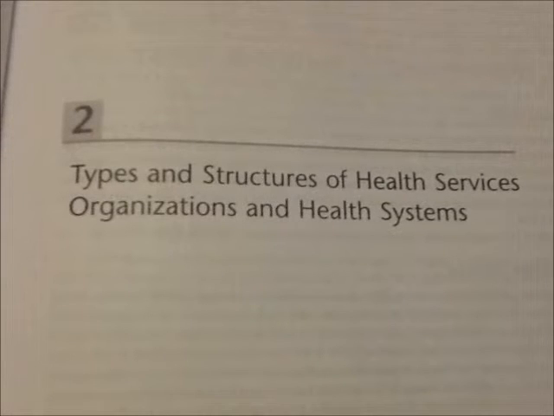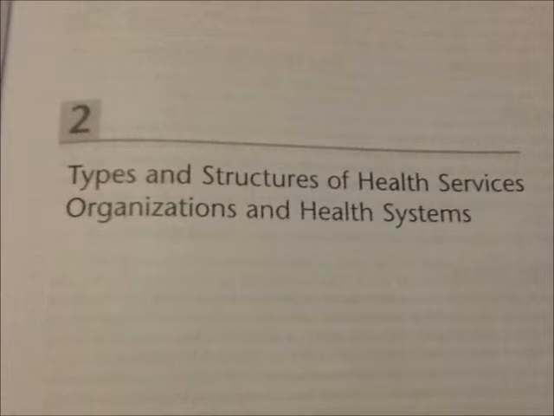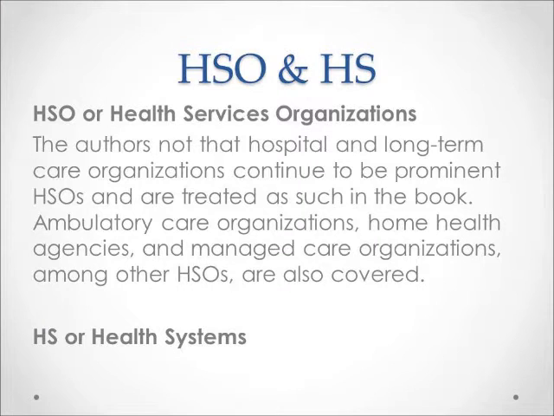Let's look inside. The authors use 2 abbreviations quite frequently throughout the book. The reason I bring this up is that a lot of literature defines HSO as predominantly hospitals and long-term facilities.